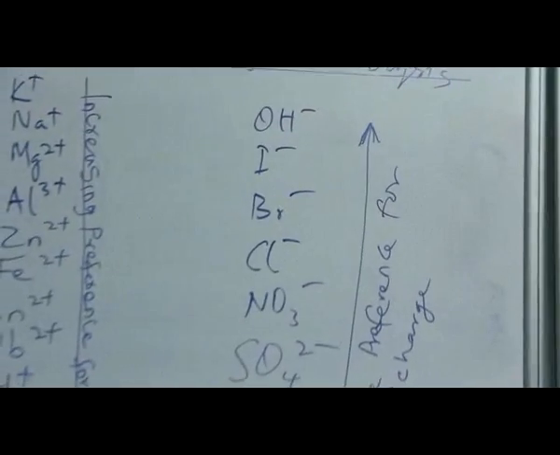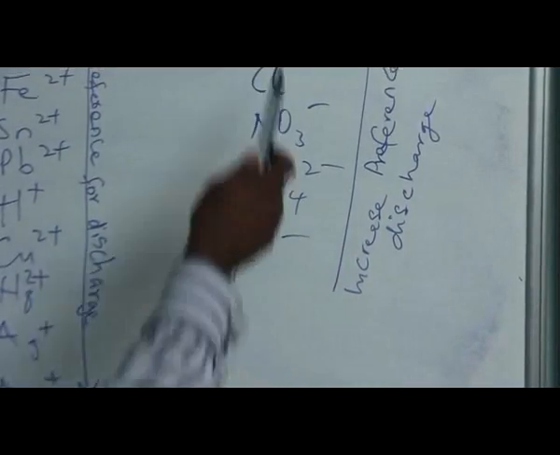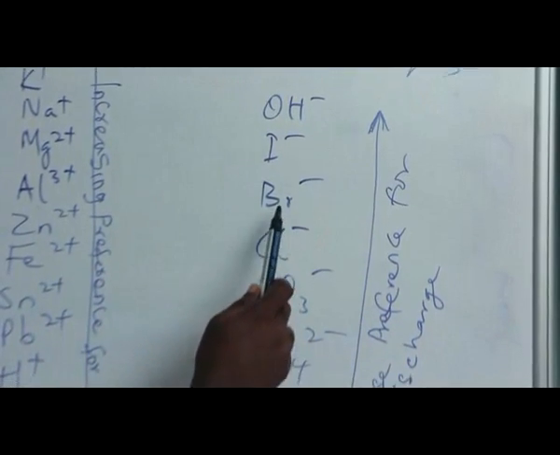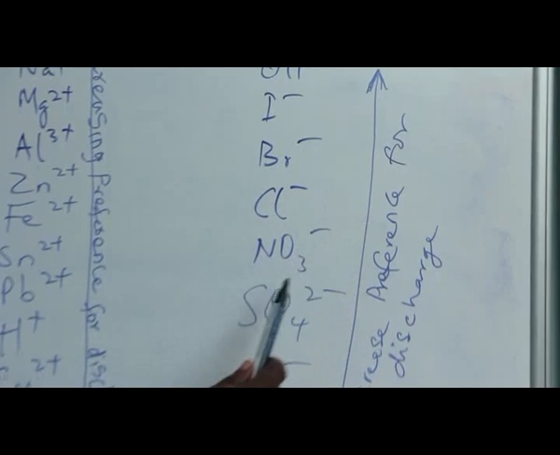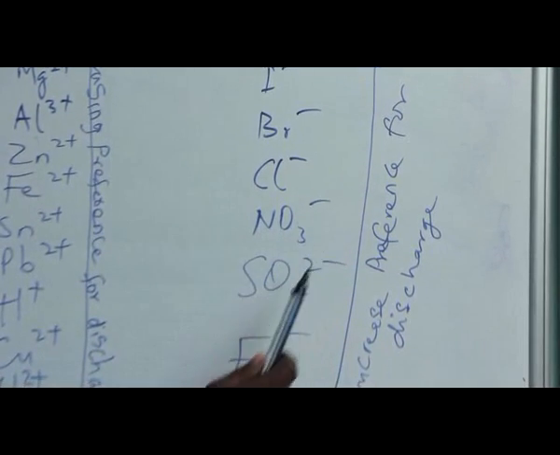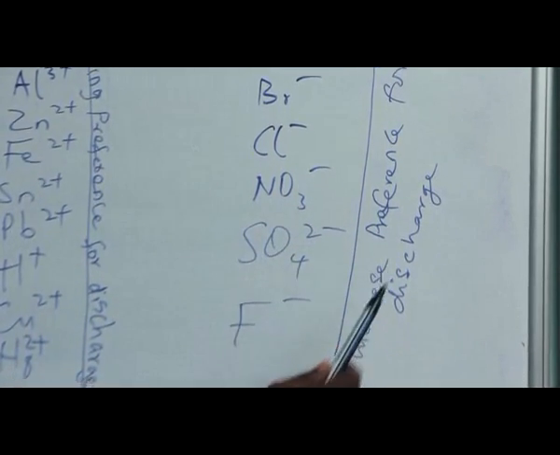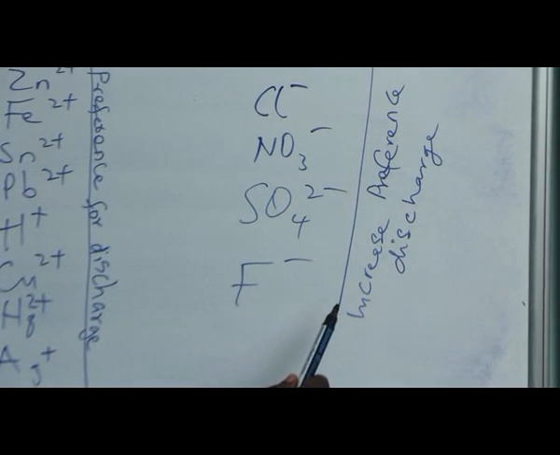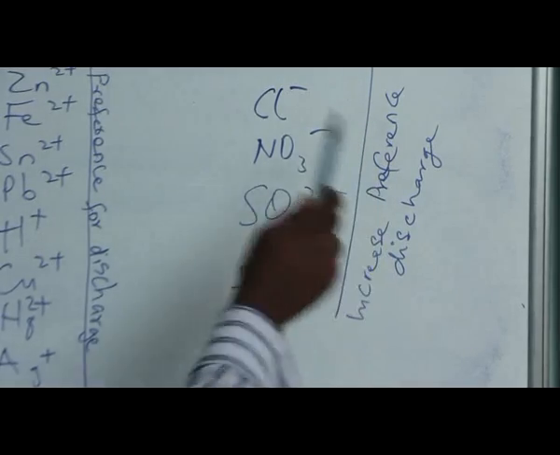Then the anions follow the same way: hydroxide ion, iodide ion, bromide ion, chloride ion, trioxonitrate(V) ion, tetraoxosulfate(VI) ion, and fluoride ion, in the increasing preference for discharge.